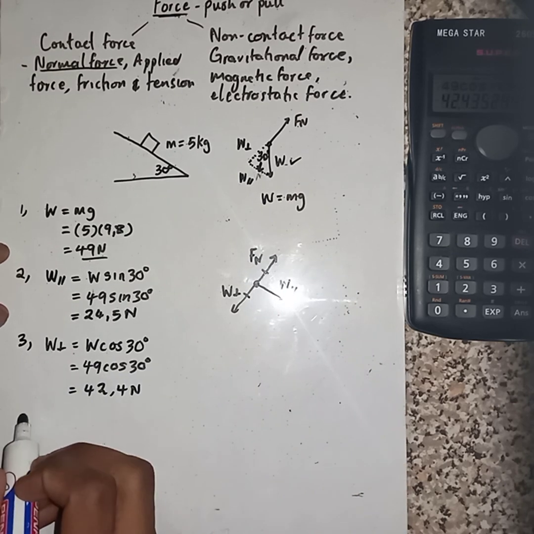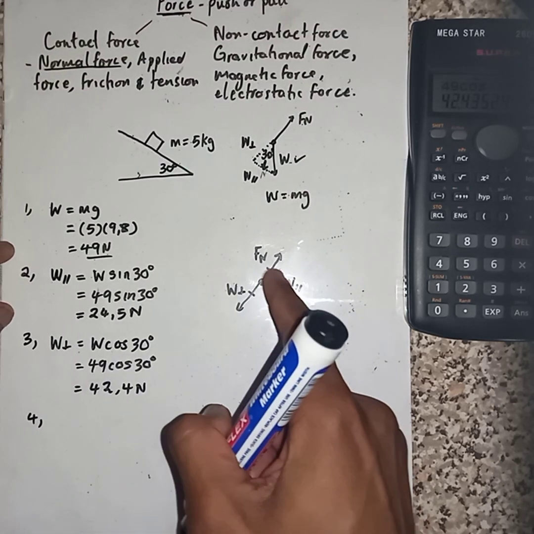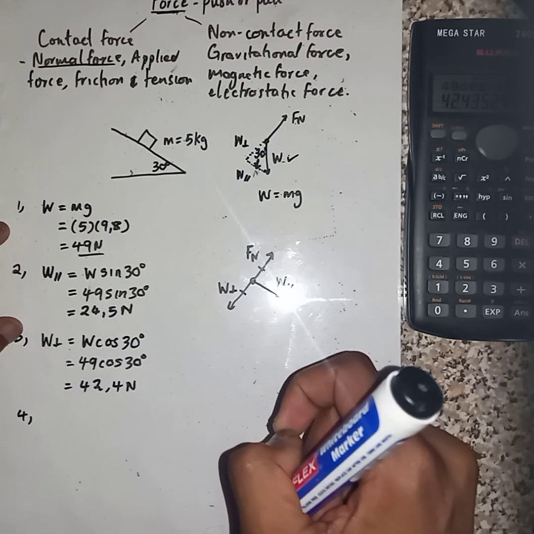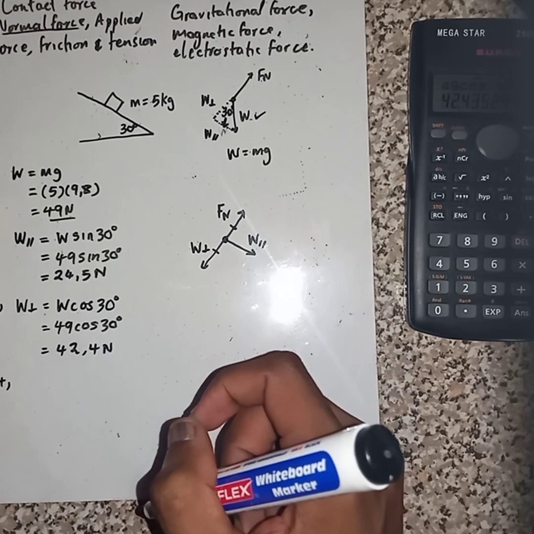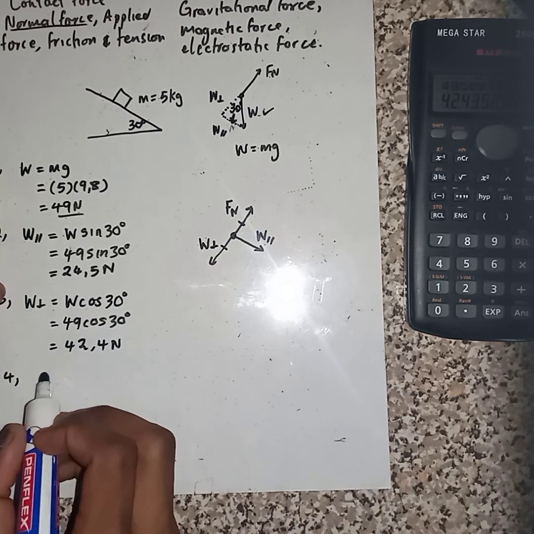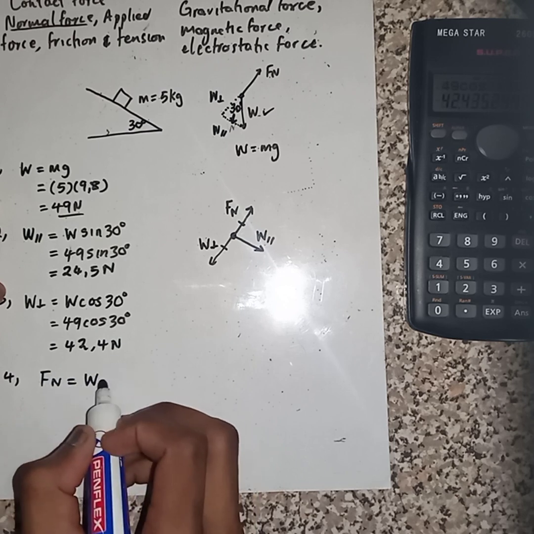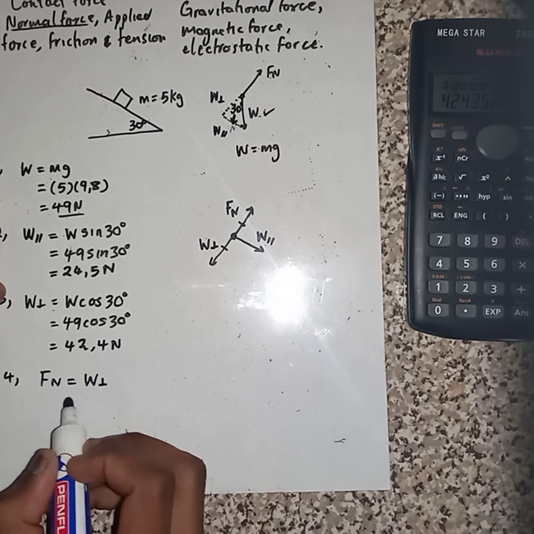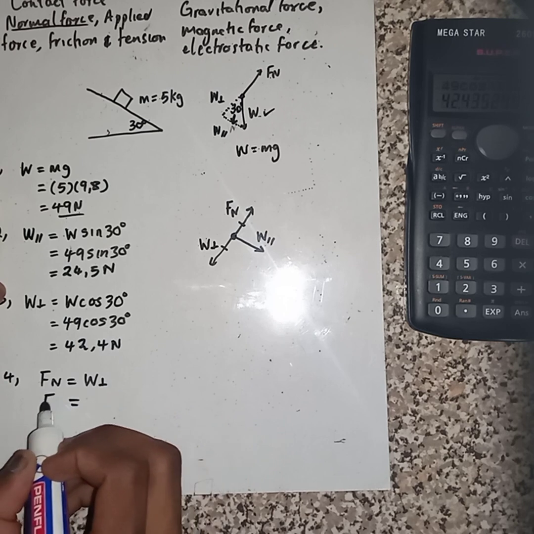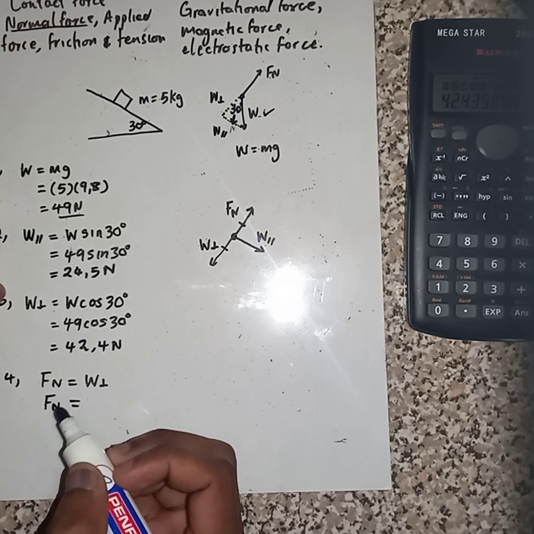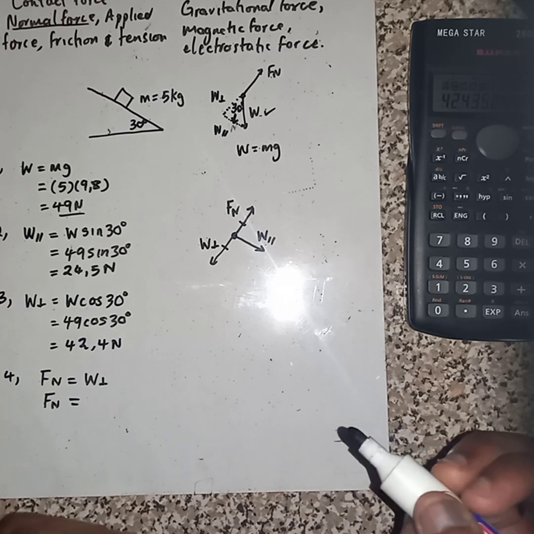We can then say, for us to find the normal force in this situation, our normal force is equal to W perpendicular. Why? Because those forces are equal but acting in opposite direction.